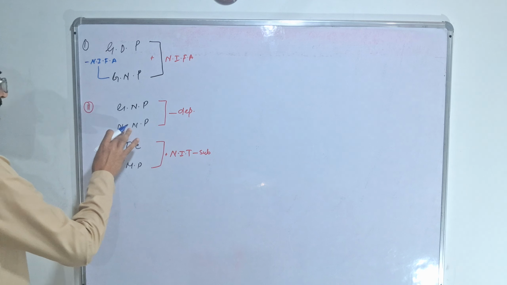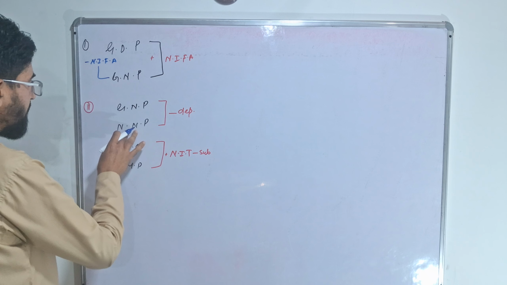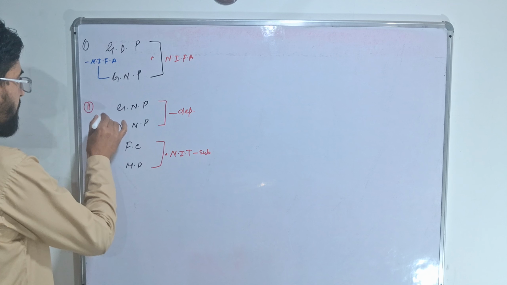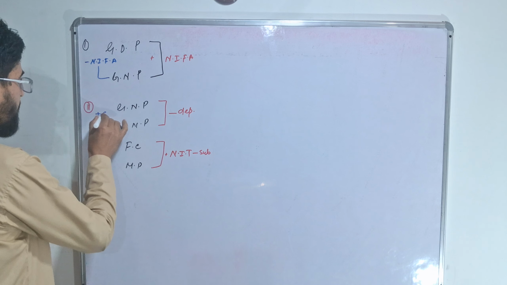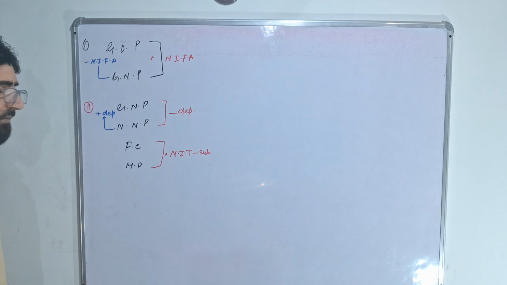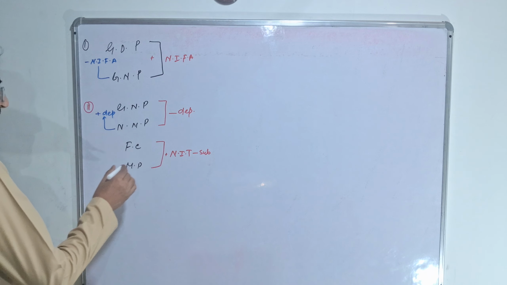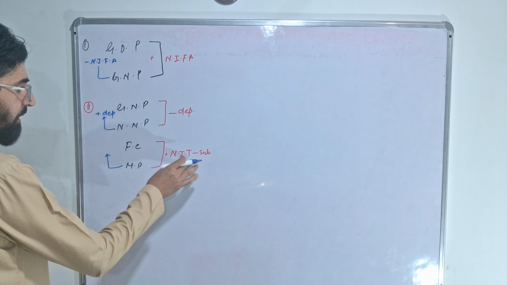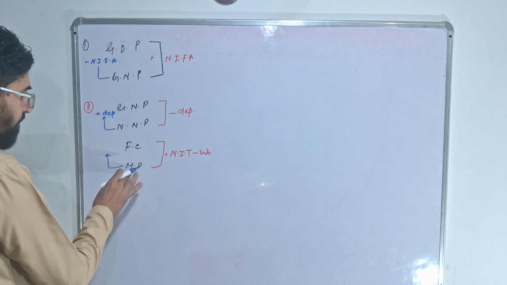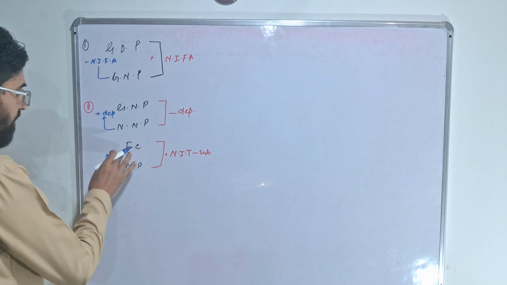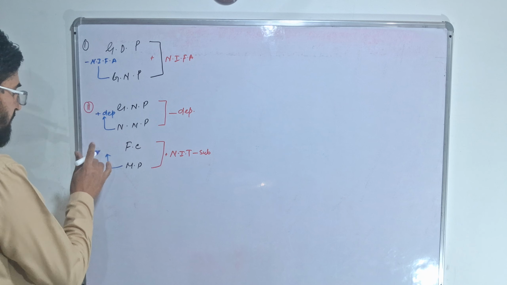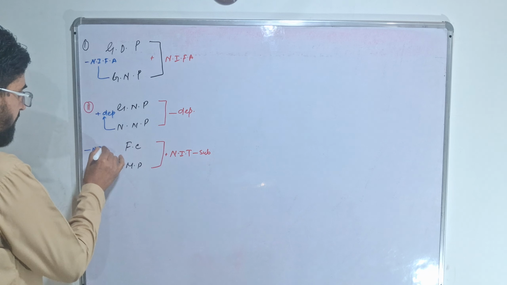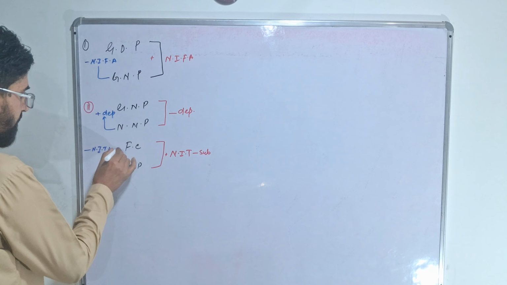Similarly, from net national product we have to find gross national product, so we have to add depreciation, the value of assets. Similarly, in this case, net indirect tax minus subsidies. When we have to find factor cost from market price, definitely this will be minus net indirect tax plus subsidies.